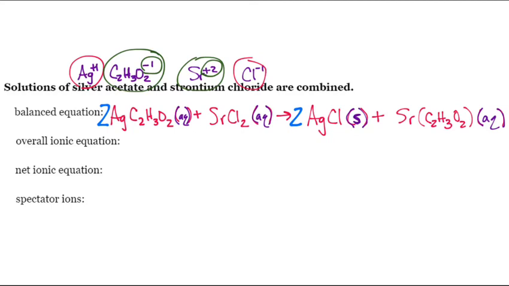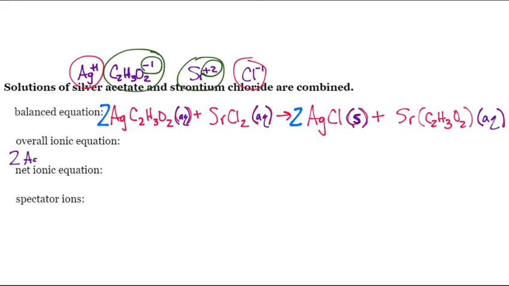So now let's go ahead and turn this into our overall ionic equation. And we're going to do that by breaking up everything that's aqueous. So everything but my silver chloride. And it is important that I keep this 2 with both of my pieces, because it means I do have 2 silvers and 2 acetates here. So let's do it.